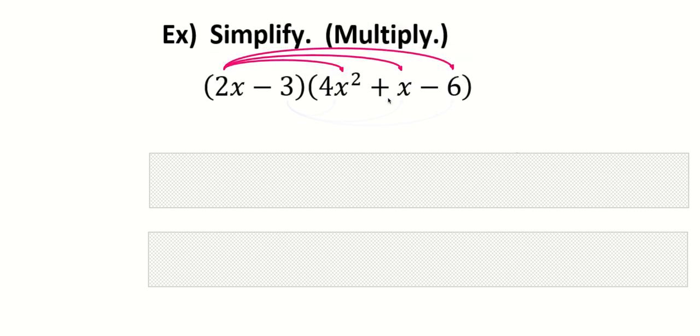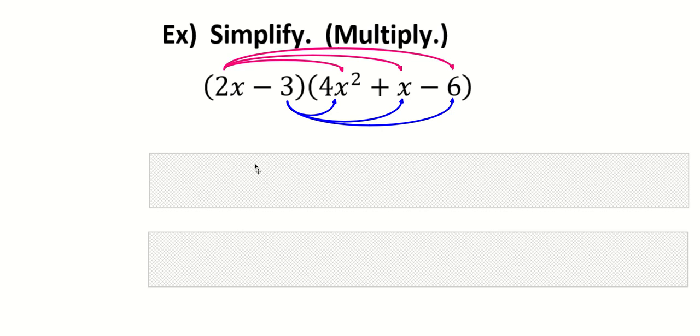We're going to distribute the 2x to all 3 of these terms, in this other bubble. And then we're going to distribute the -3 to all 3 terms. That's a lot of distributing. It's a lot of multiplying. You cannot afford to get any of them wrong. Any of the 6. Okay?